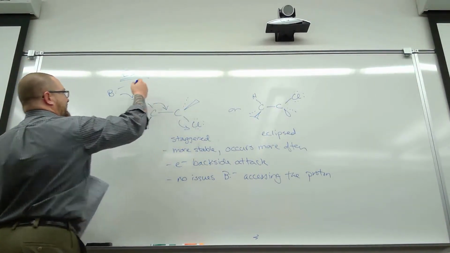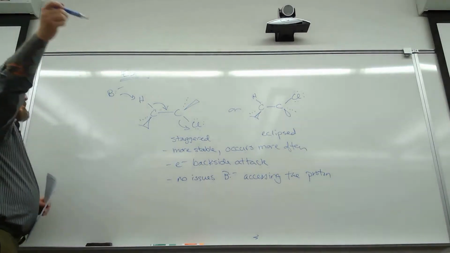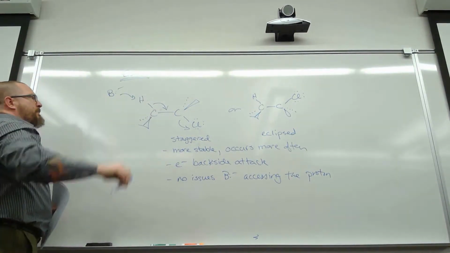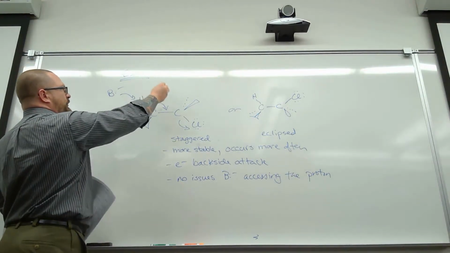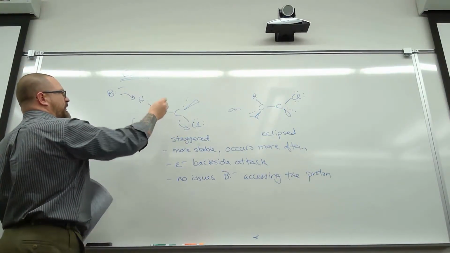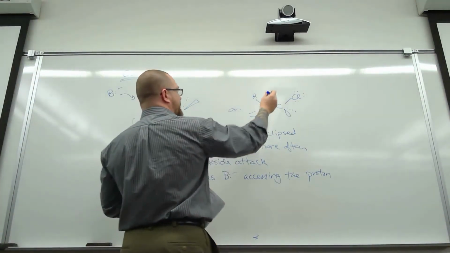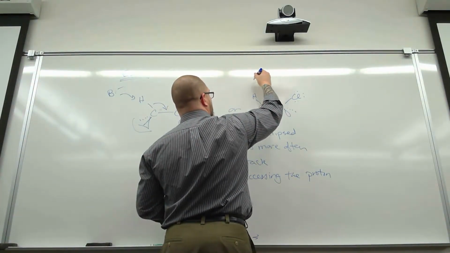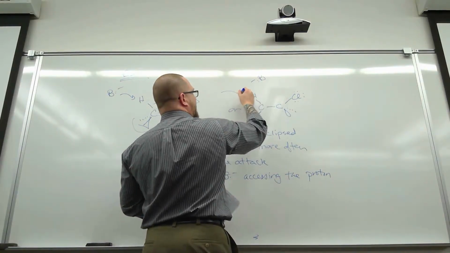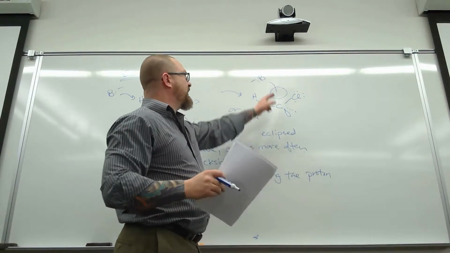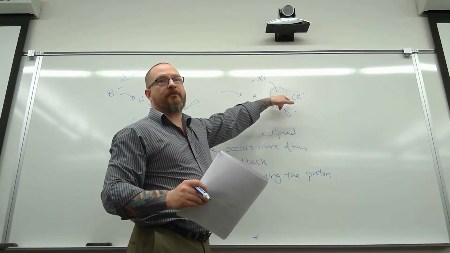But the base doesn't always approach from this side. It can come in from here, it can come in from the other side. Other than these groups here, there's nothing blocking access. If a base is to try to do it here, it could access from this side, but the base would have a hard time being in this zone because of the electrical repulsion with the chlorine.